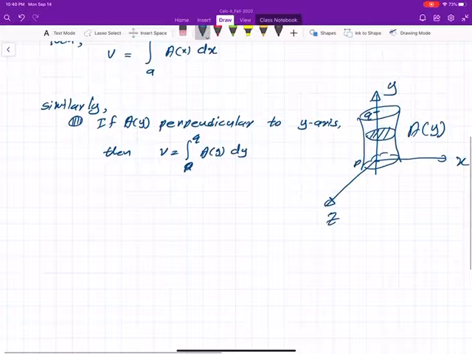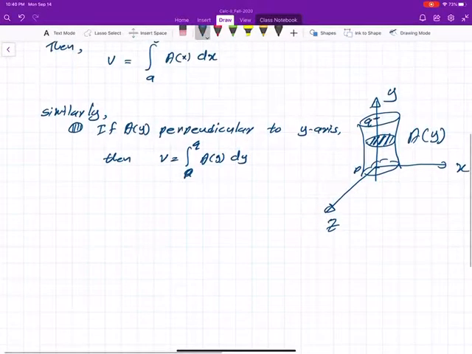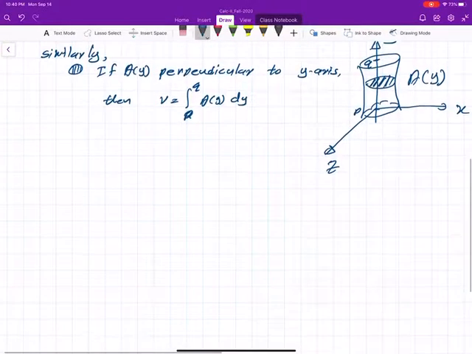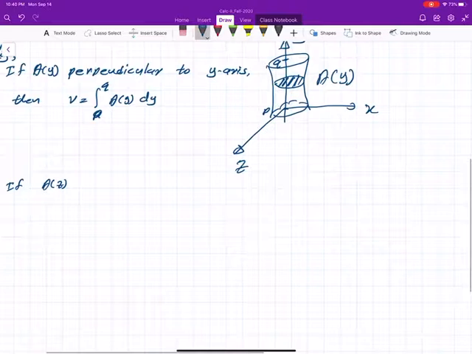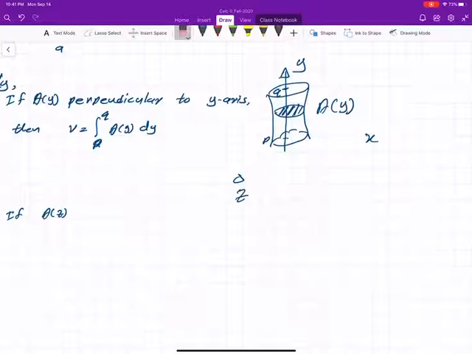And in the next case, what happens if this cross section is perpendicular to the c-axis? Second case, if A of c is perpendicular to the c-axis.